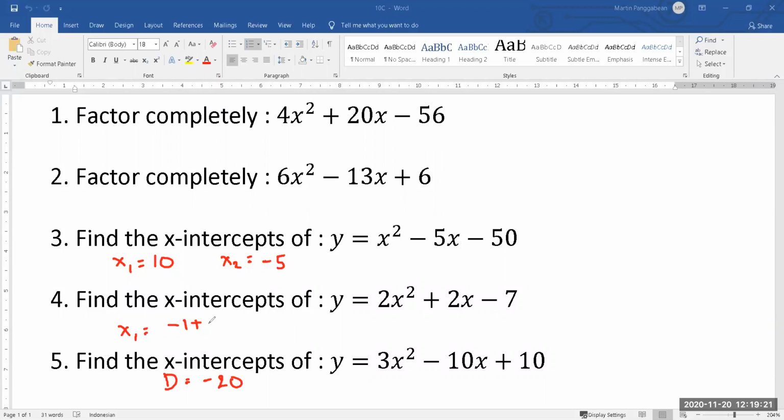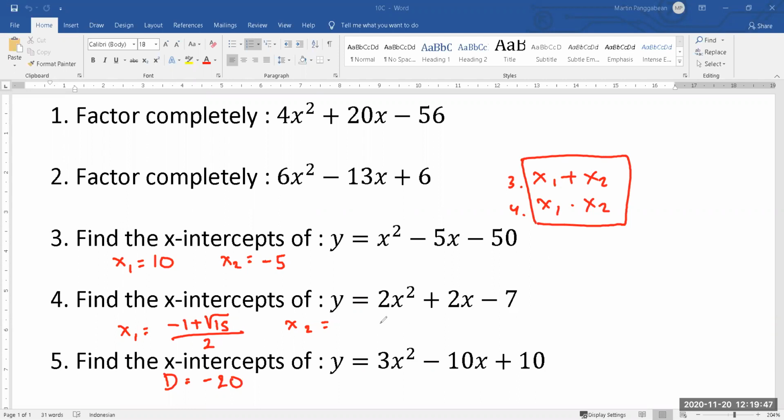So let me just use the last 6 minutes for you, now on your paper, number 3 and number 4, to find x1 plus x2 and x1 times x2, both. You have already had the numbers, right? For example, number 3: x1 is 10, x2 is -5.